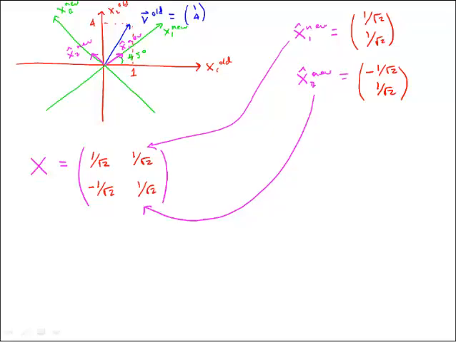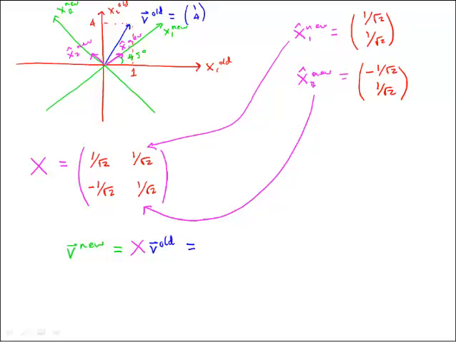So then how do we write v new? Well, from our equation, that was equal to x times v old. And remember, when you multiply a matrix by a column vector, what you're doing is taking the dot product of each row of the matrix with the column vector.